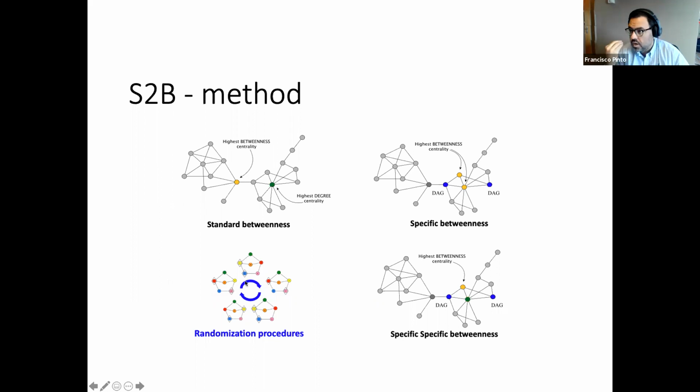The ones that we are more interested in are nodes that have a high betweenness only in the real network. When you randomize the network, you lose that property because you are no longer analyzing the specific disease-associated genes of the two diseases that you are studying. So that's how we select our specific betweenness nodes.